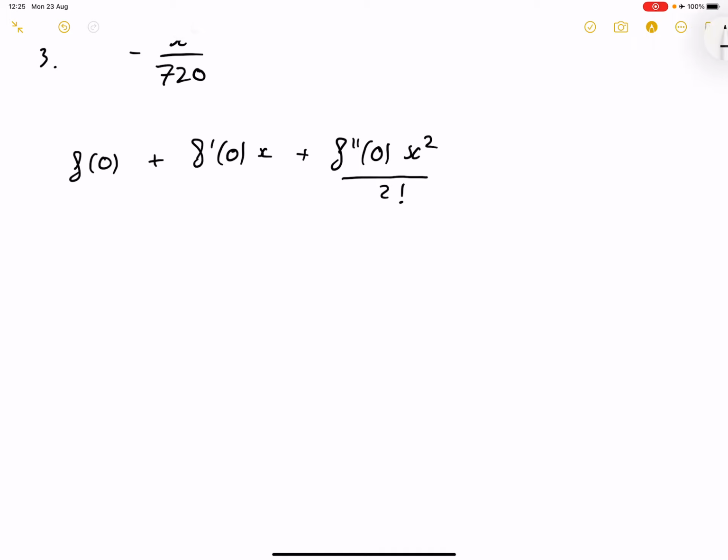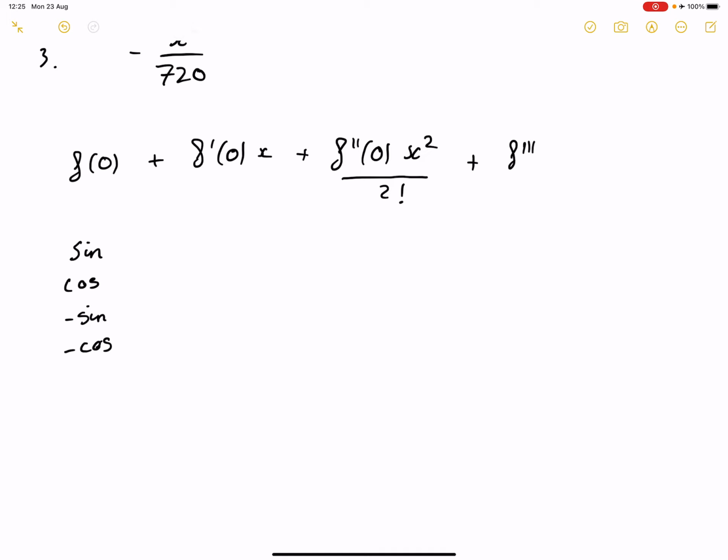So sin x, f of 0, sine of 0 is just 0. Actually, you know what, let's find out. So sin x differentiates like this: sine, cos, minus sine, minus cos, and then it goes back to sine. So let's find the term that we're looking for. F triple dash will be with x cubed.